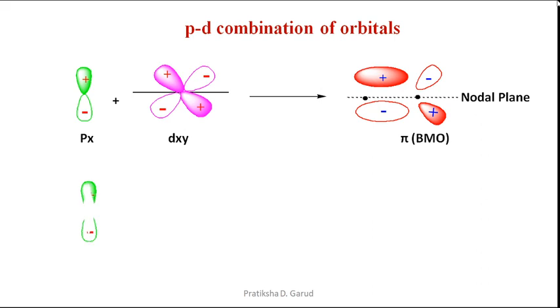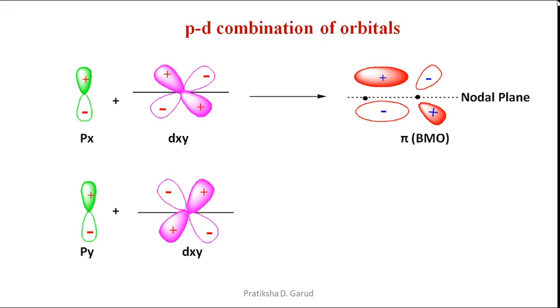Whereas in the second case, again we are having one p orbital, it undergoes combination with the d orbital. But what is the difference? In this case, they are having the opposite signs. Plus and minus combination, minus and plus combination.